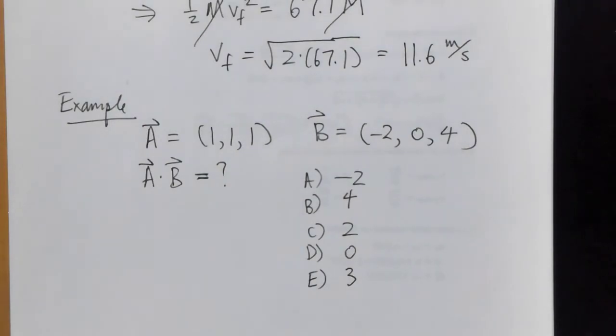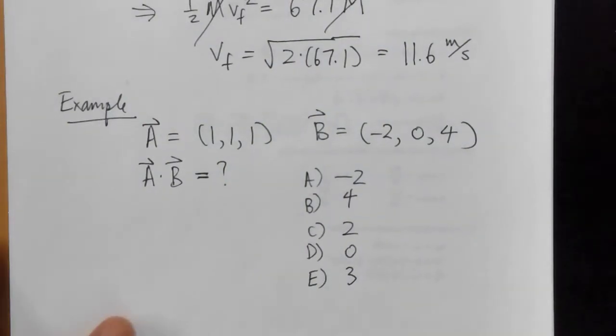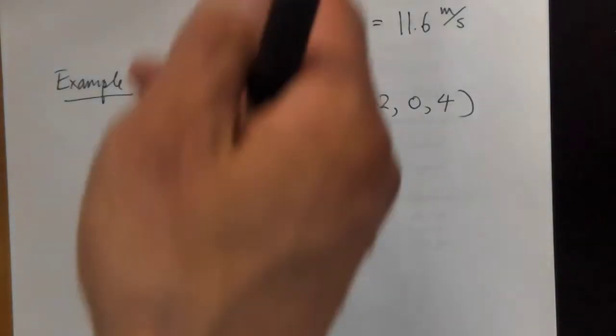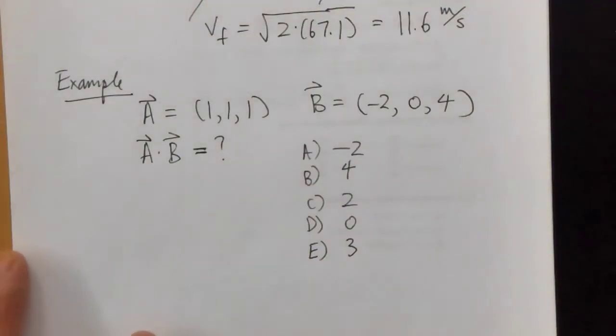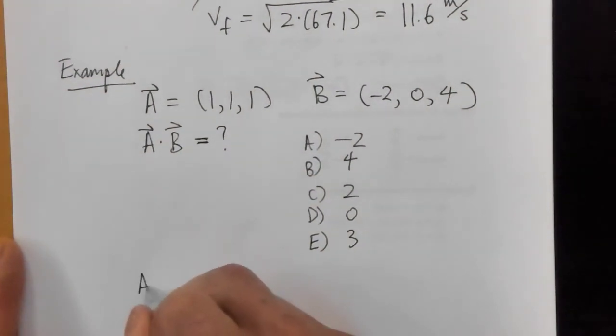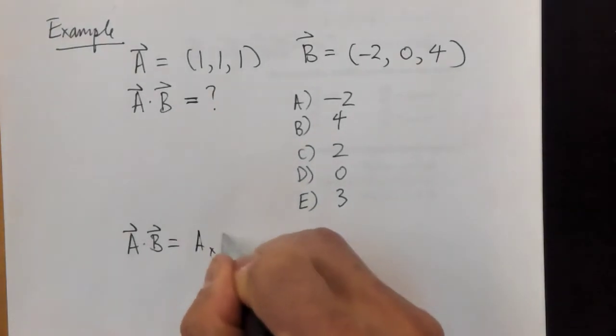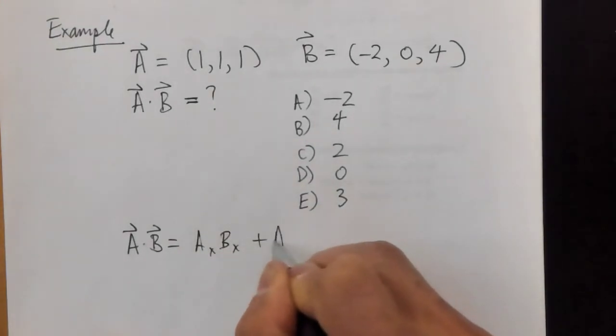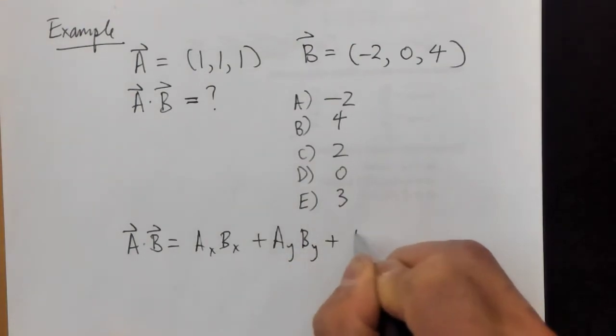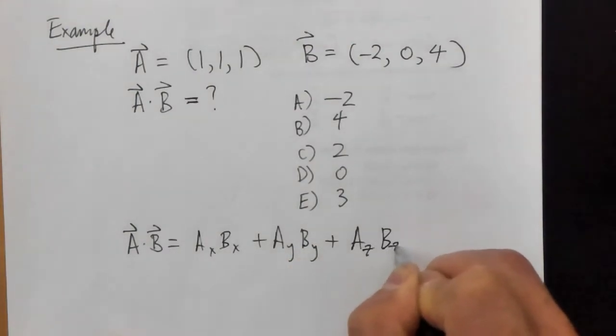All right, a lot of people say C. All right, so we know the formula. A dot B, we're going to do the component formulas: AX times BX plus AY times BY plus AZ times BZ.